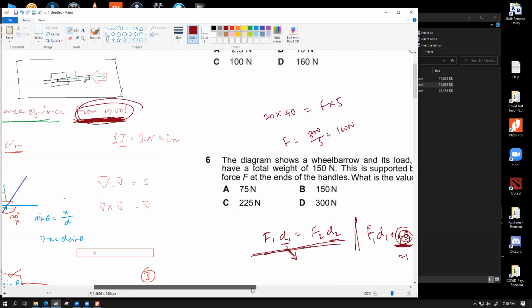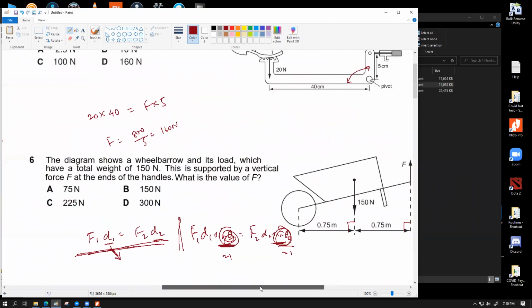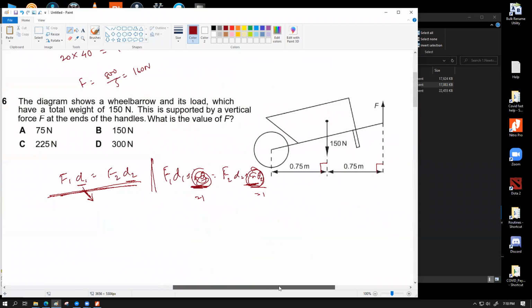So for the 150 Newton force, the perpendicular distance is 0.75. So I'm going to write this up: 150 into 0.75. The next force is F, which I want to calculate. Now my question is, what is the distance of this force from the pivot? Is this 0.75?